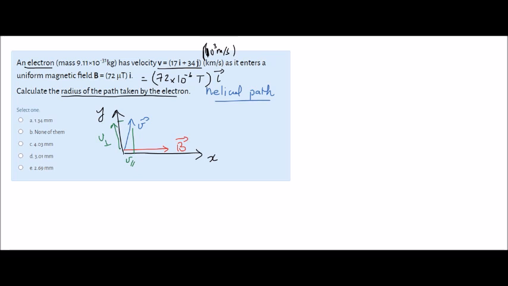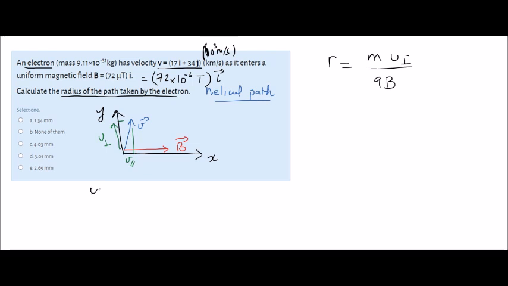What is the radius? The expression of the radius we know, m v over q B. You need to remember that. But which v? The v that is perpendicular to B. That's the expression we calculated when v was perpendicular to B. So this is v perpendicular. Now, where is v perpendicular? Let's look at it.